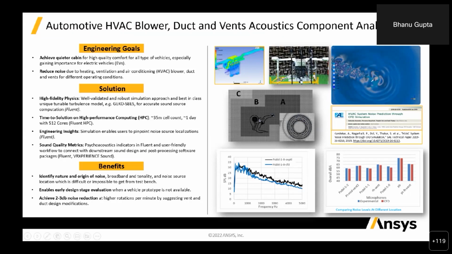That feature is very important. That is one advantage of CAE versus experimental that we achieve on these types of simulations. And then definitely at the early design stage you can improve your designs without going to the prototype level, and you can achieve maybe 2 to 3 dB reduction also.